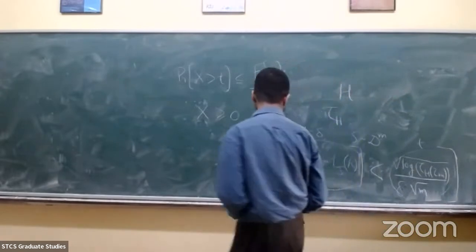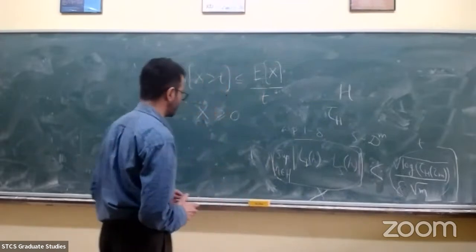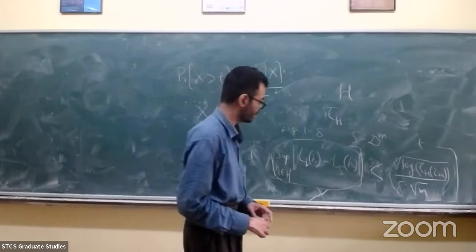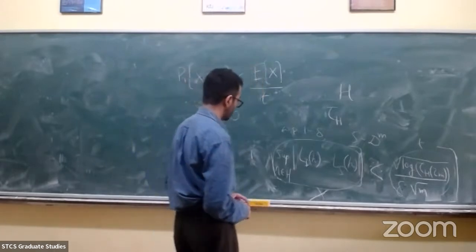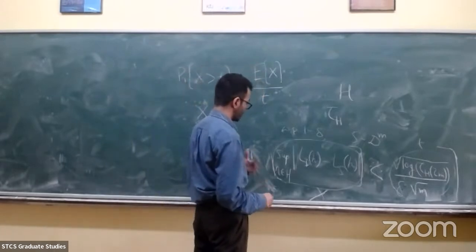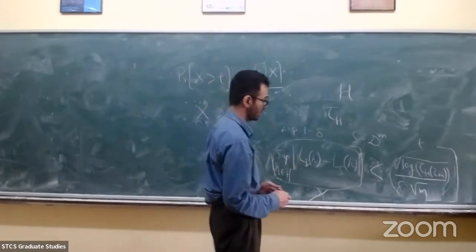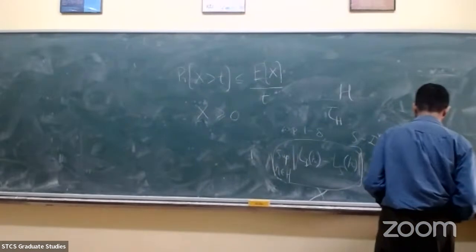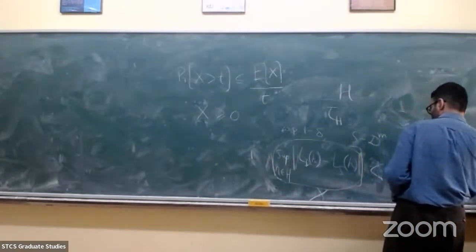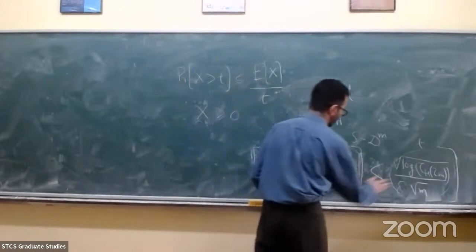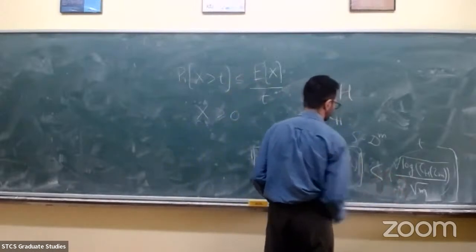Okay, maybe let's sketch the proof anyway, in case anyone does have questions. What we did last time is that first we turned our problem of bounding the expectation of this, and I'm going to show that it's at most this thing.